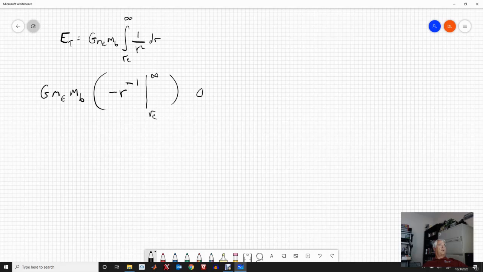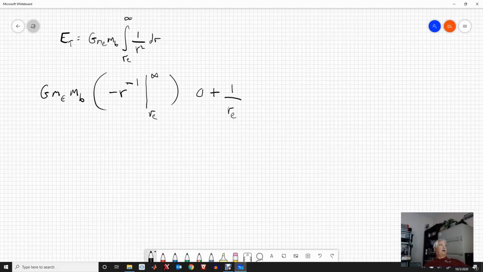And when r is equal to re, the radius of the Earth, then we have to subtract this value out because it's the bottom level of the integration. So we get minus 1 over re. The thing is, there's a minus sign in front, so that's what happens. So we see this comes out to a pretty simple thing, and this is what was in here.